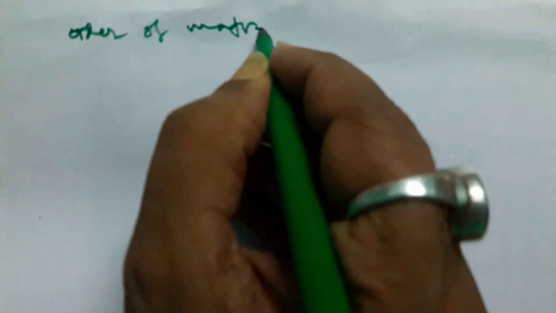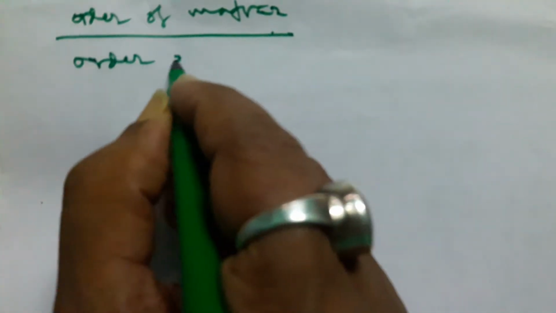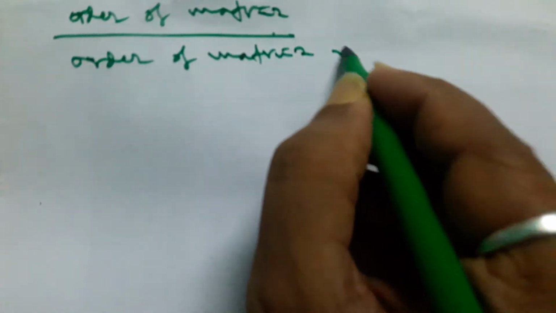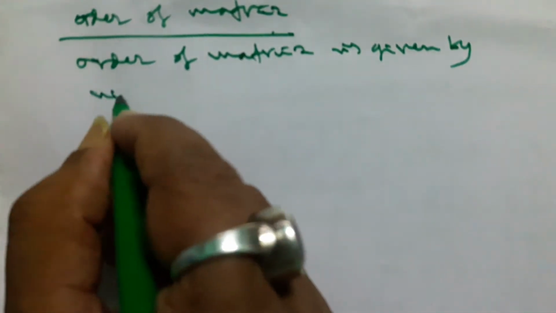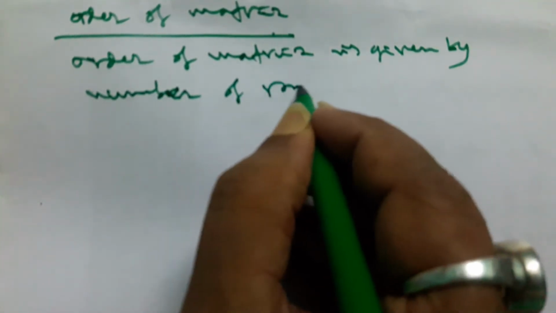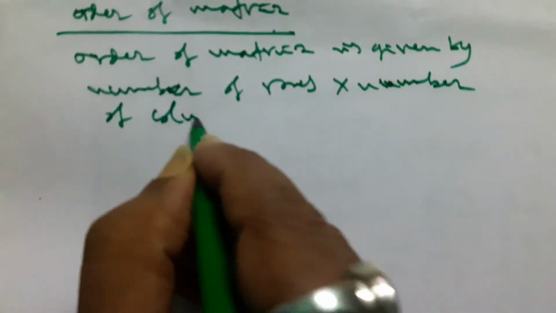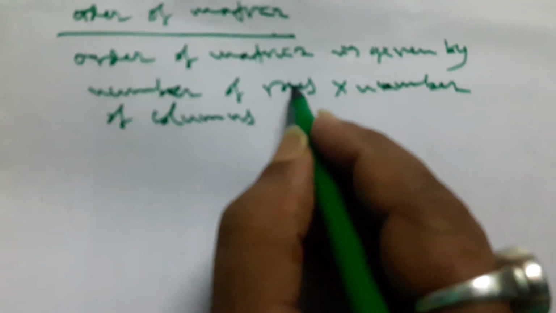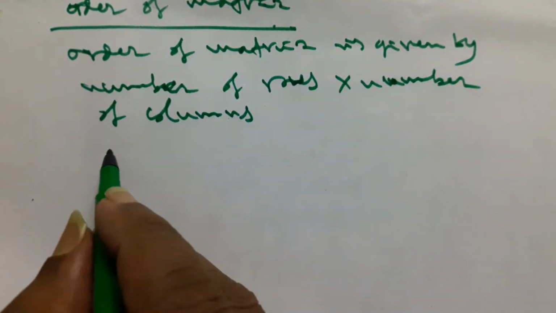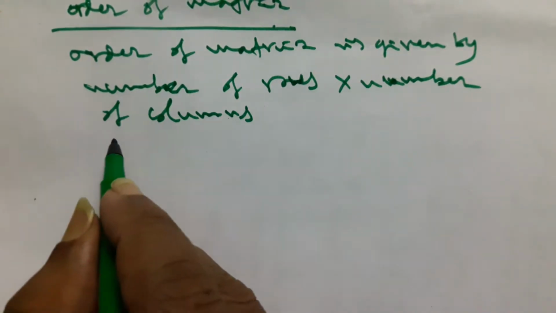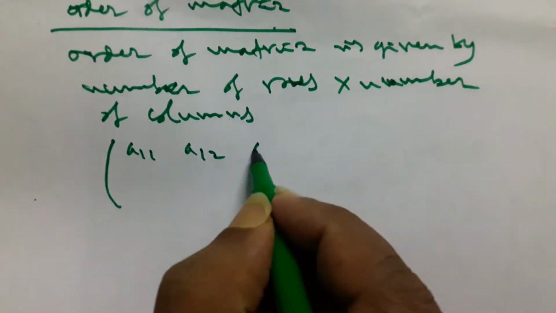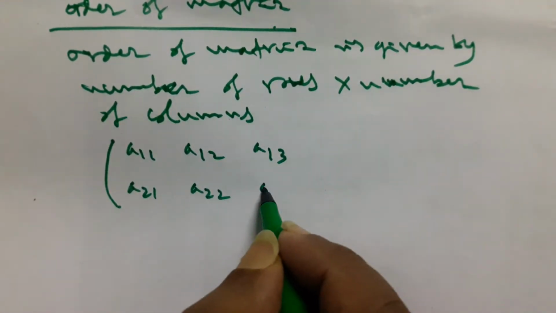Now the order of the matrix. The order of the matrix is given by the number of rows by the number of columns. Suppose a row means horizontal, like this: A11, A12, A13, A21, A22, A23.